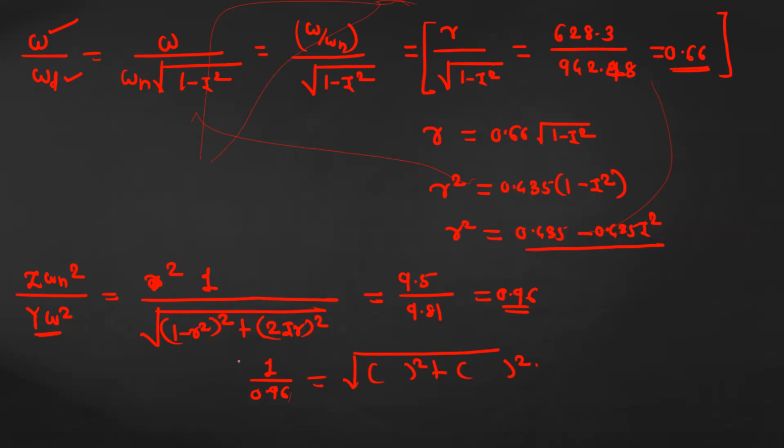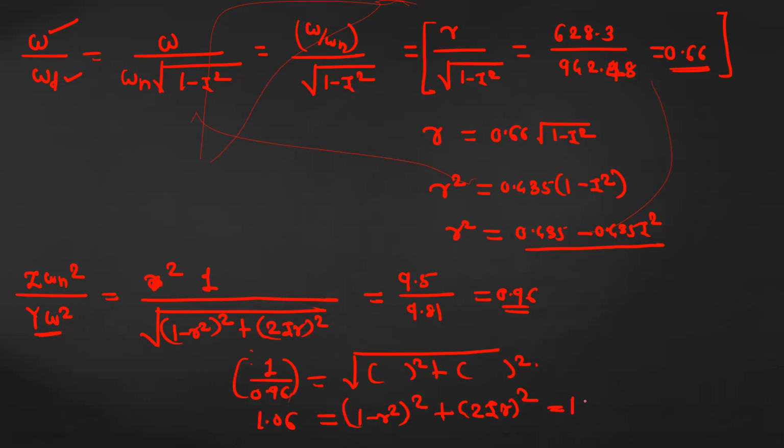Okay, so now find out this value 1 upon 0.96 and square both the sides. So we can cancel out this square root. So this is 1.06 and this is equal to bracket 1 minus r square bracket square plus bracket 2 zeta r bracket square. Now expand this square.